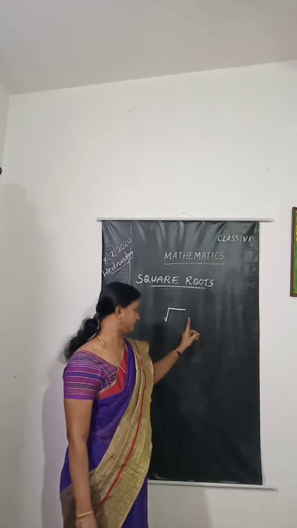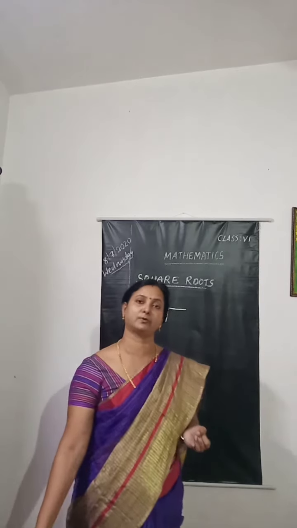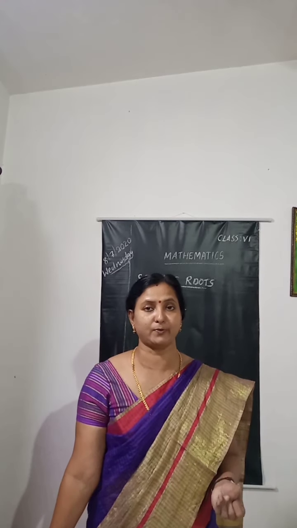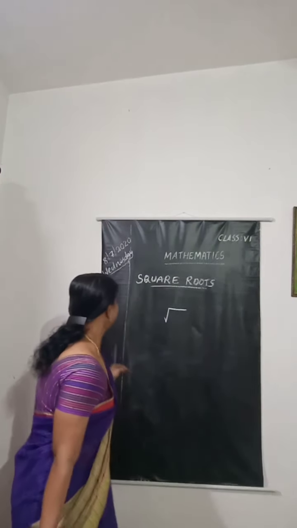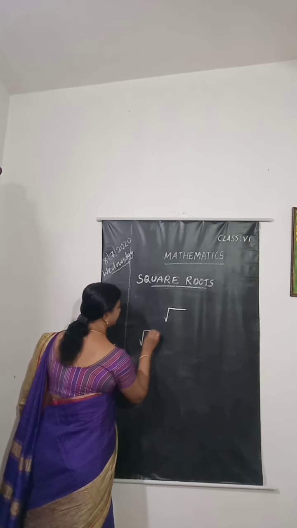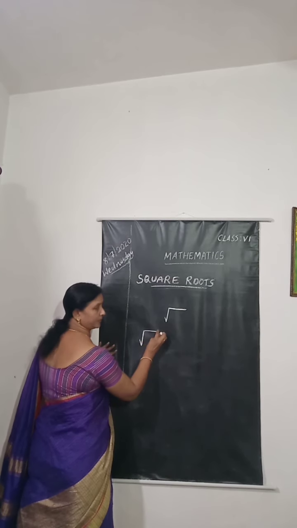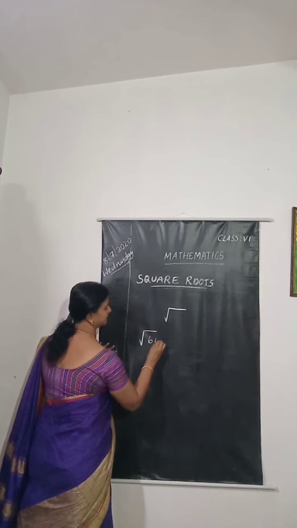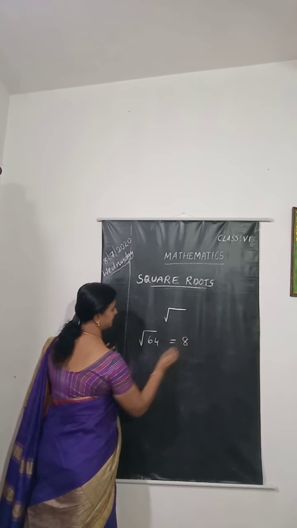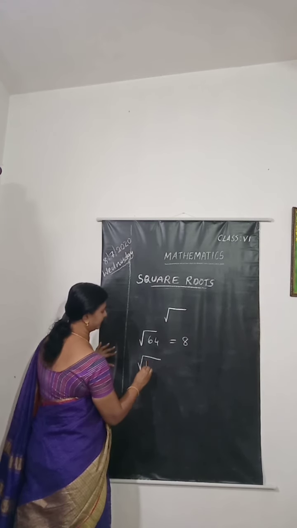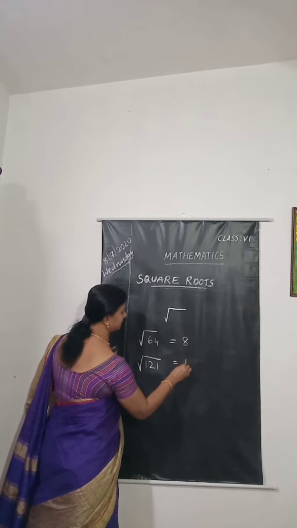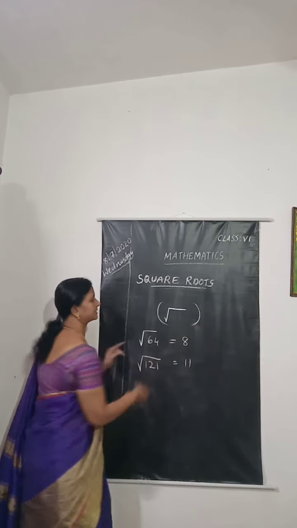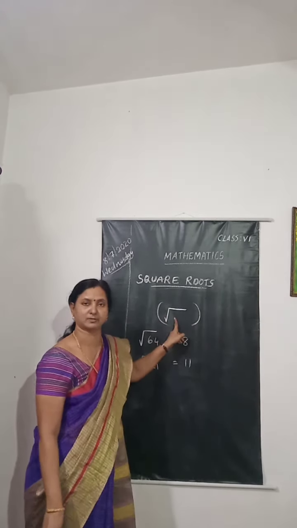You have seen how to find the square root of 64 and square root of 121. So, we will write like this: square root of 64 is equal to 8. Square root of 121 is equal to 11. This is the symbol for square root.